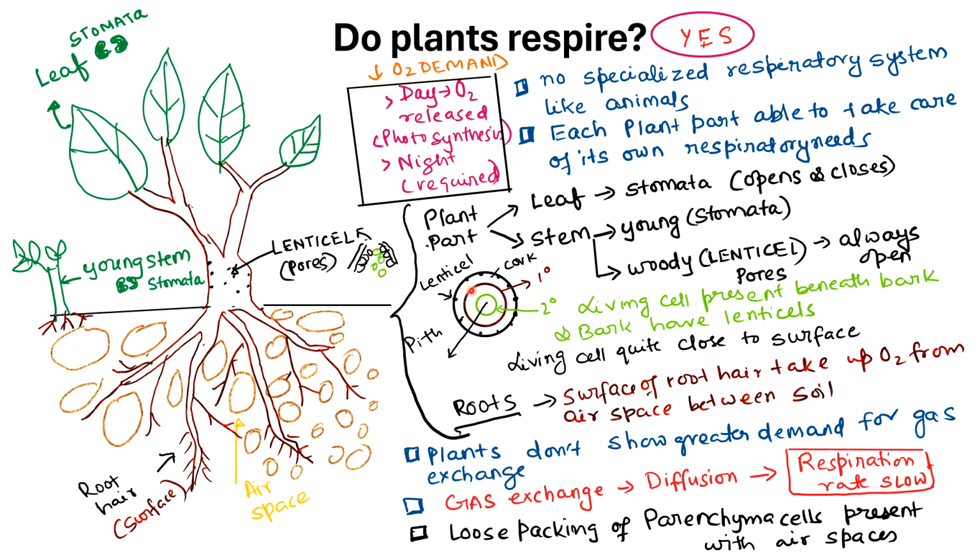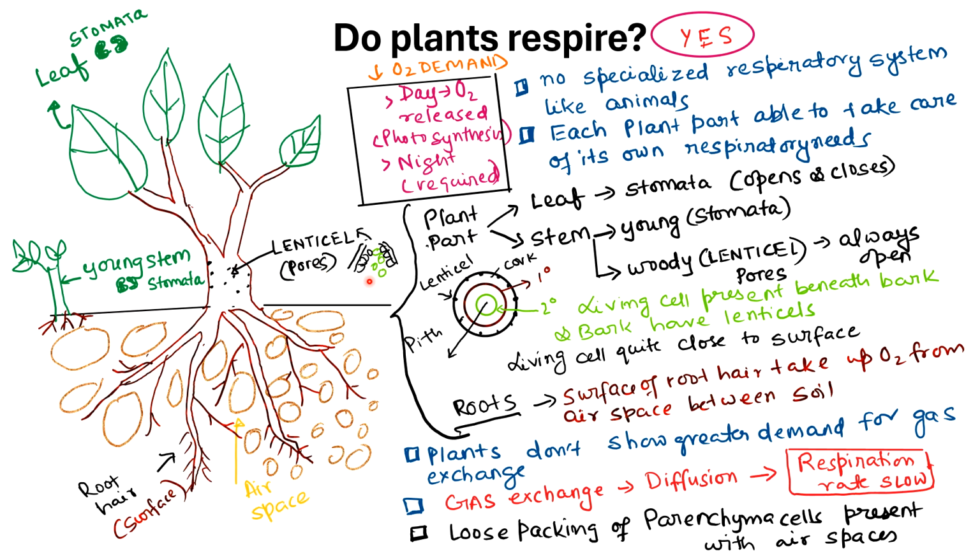Now, in case of the woody stem, they have a layer of bark underneath which they have the primary tissue, and then the secondary tissue inside consists of the pith, which is dead in nature and is helpful for mechanical support. So these barks have minute openings in them. These minute openings are called lenticels, right? So that is how the woody stems can take care of the gaseous exchange.